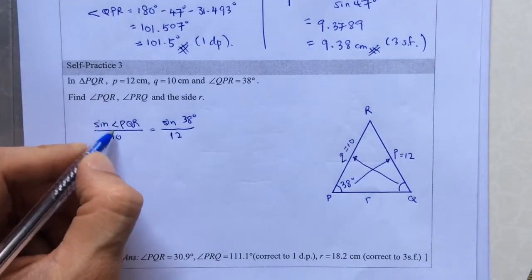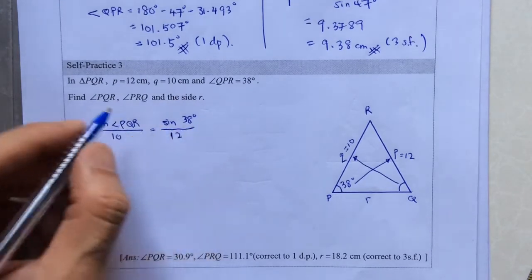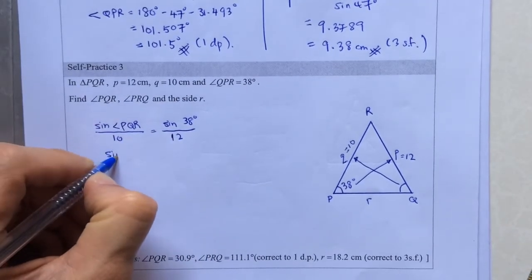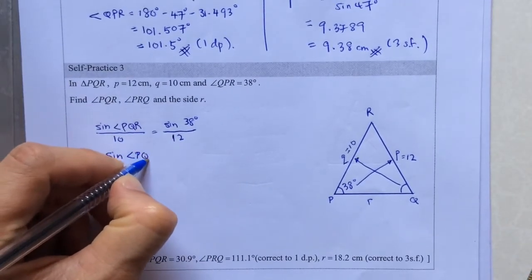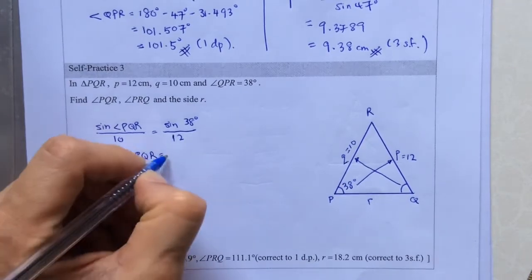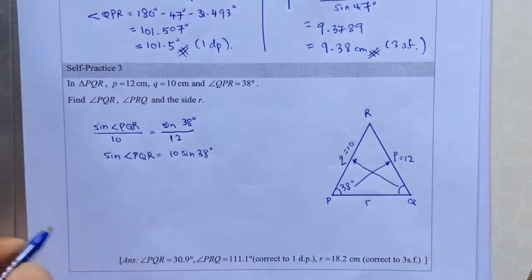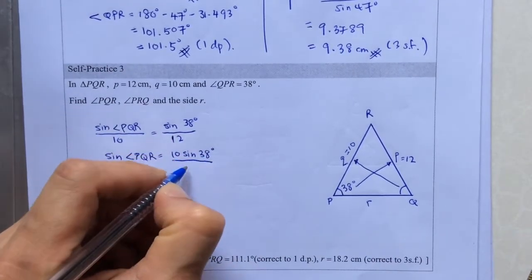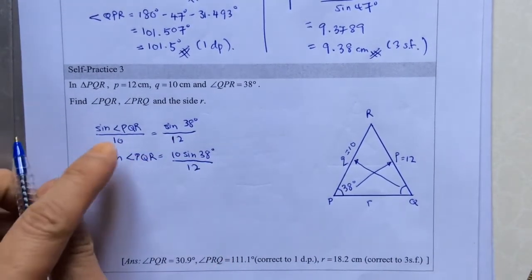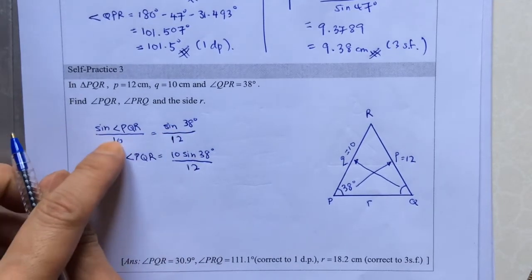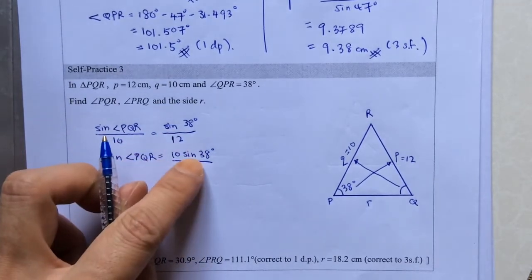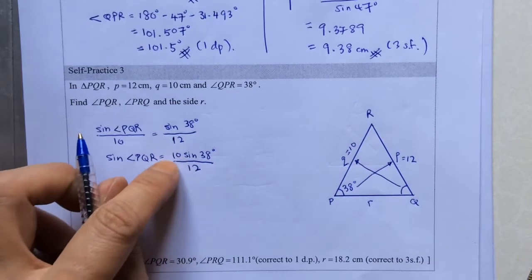So sine of angle PQR divided by 10, we move it to the other side, we can times 10. So sine angle PQR is equals to 10 sine 38 degrees over 12. I'm just moving 10 to the other side. Divide by 10 on the left, and you move to the right, you have times 10. So we put a 10 in front of the sine.